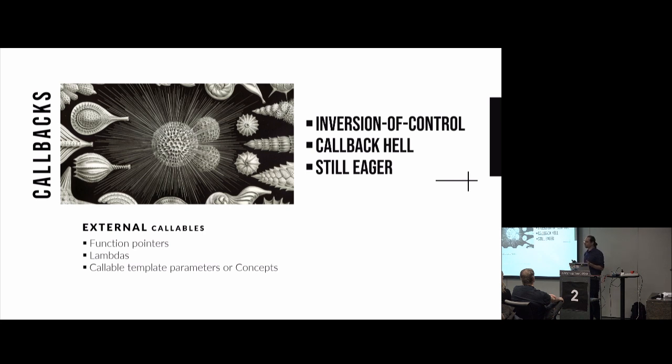So trying to reason about, debug, understand or maintain your code becomes extremely difficult when the logic is all over the place. Sometimes it's not even in the same file. And even still, the code is eager. So we're still calling this external function on the whole sequence, and the functions still expect to receive the full sequence.